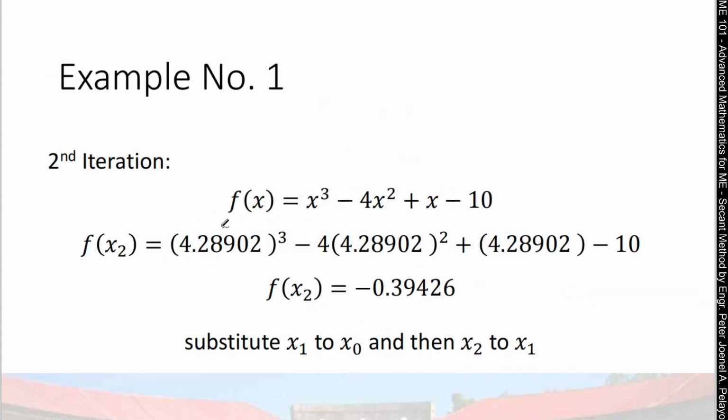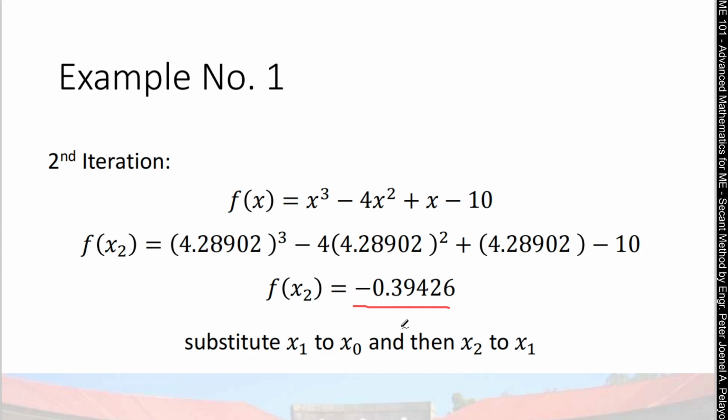So, substitute natin to the function x cubed minus 4x squared plus x minus 10. So, 4.28902 cubed minus 4 times the quantity 4.28902 squared plus 4.28902 minus 10. So, f(x2) natin is 0.39426.